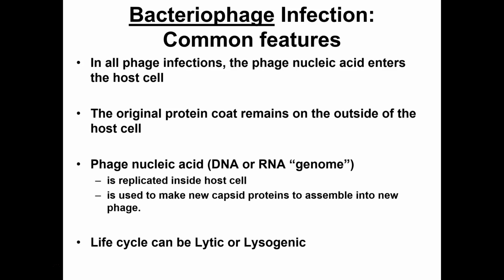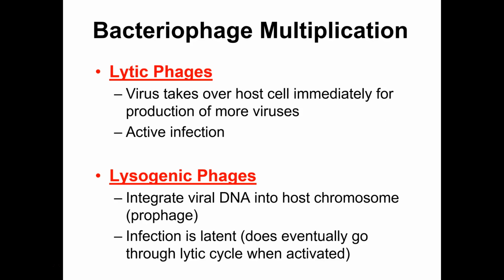It takes advantage of DNA polymerase, RNA polymerase, ribosomes. And then, and this is really for all viruses technically, those replication cycles can be lytic or lysogenic. So, that leads us into these cycles.